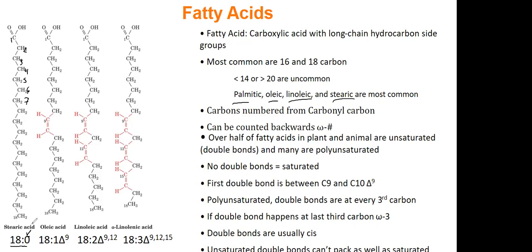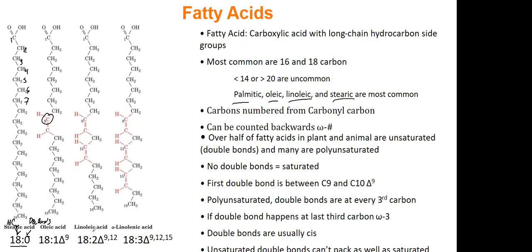So that's the number of double bonds, and this is the number of carbons. In our second molecule, oleic acid, we have 1 double bond, so that's why we have 18-1. And this delta 9 tells me where my double bond first starts. So our double bond is first on carbon 9. So this is an 18-1 delta 9 fatty acid.